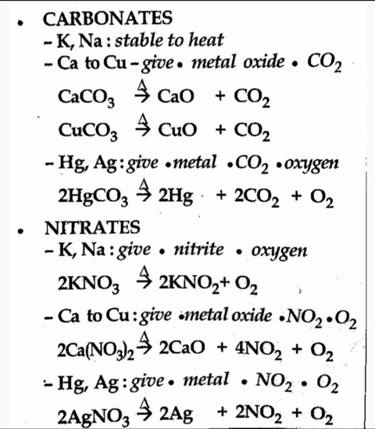From calcium to copper, it is metallic oxide plus carbon dioxide, but the less reactive elements, silver, mercury, gold, platinum, produce metal plus carbon dioxide gas plus oxygen. Let's see that example. Mercury carbonate decomposes to produce mercury plus carbon dioxide plus oxygen.